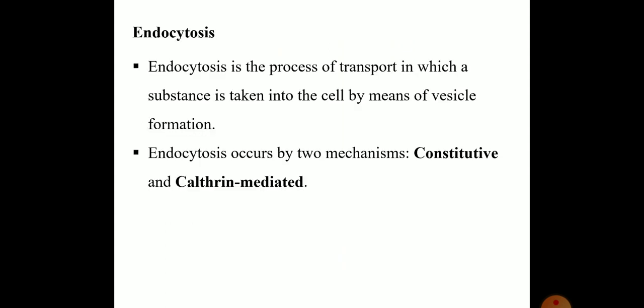So endocytosis. Endocytosis is the process of transport in which a substance is taken into the cell by means of vesicle formation. Endocytosis occurs by two mechanisms, that is constitutive endocytosis and clathrin mediated endocytosis. So what are these two? Let us see in detail.